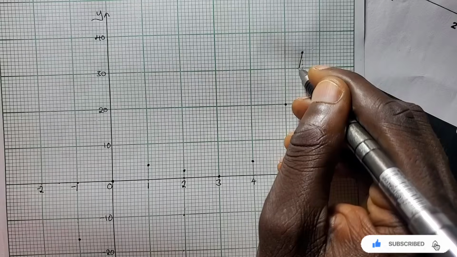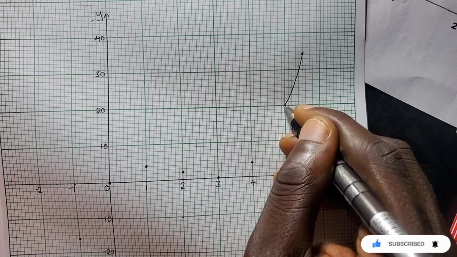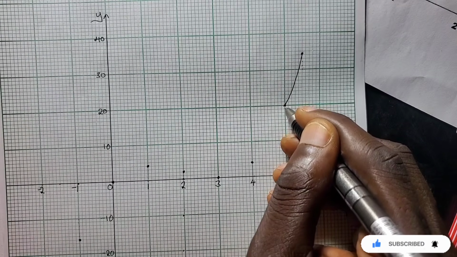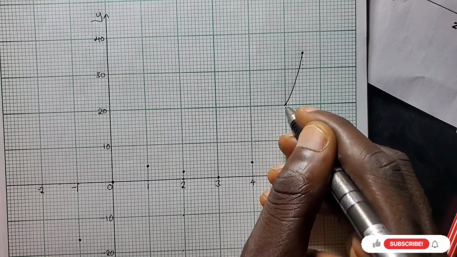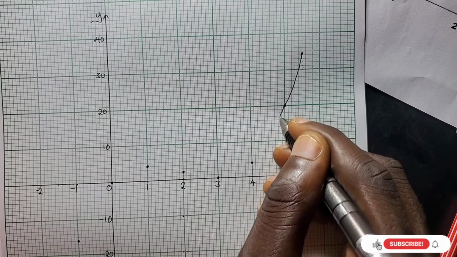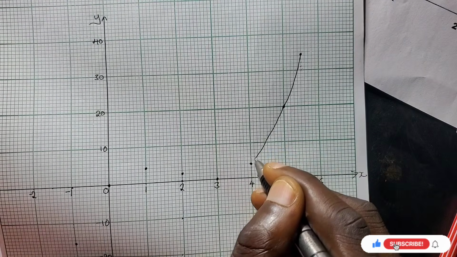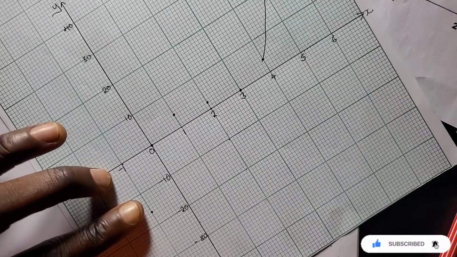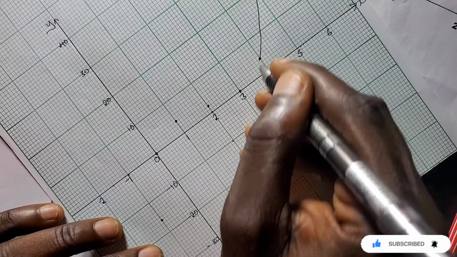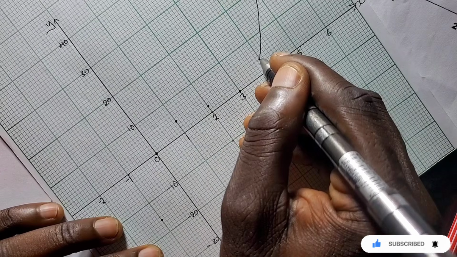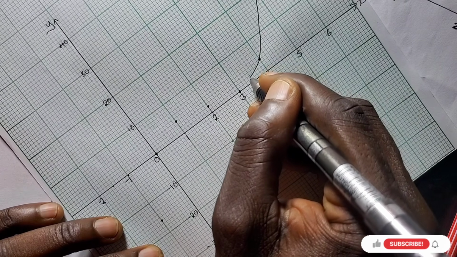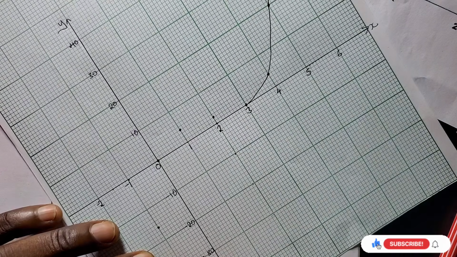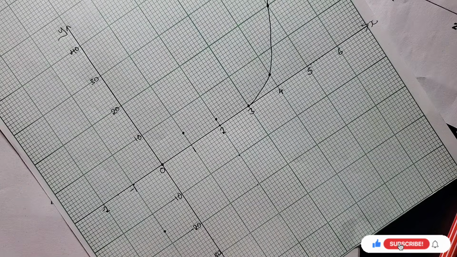So you move up to this point, then you come here, something like this. Then we're coming to this point, like this.